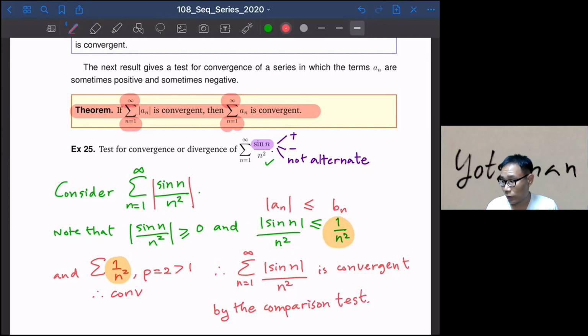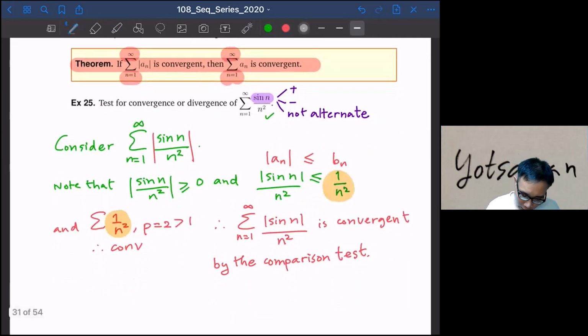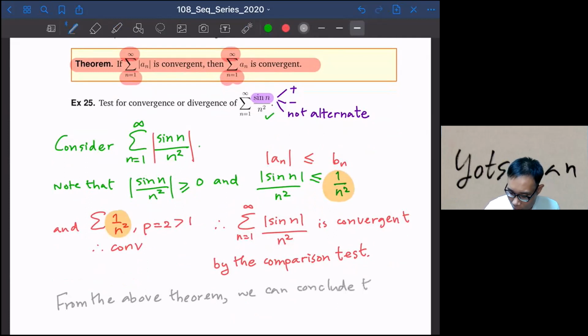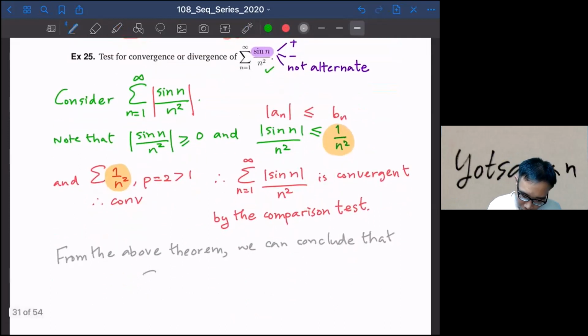Okay, so it turned out to be convergent by the comparison test. So from the above theorem, we can conclude that the series sum from n equals 1 to infinity of sin n over n squared is also convergent.